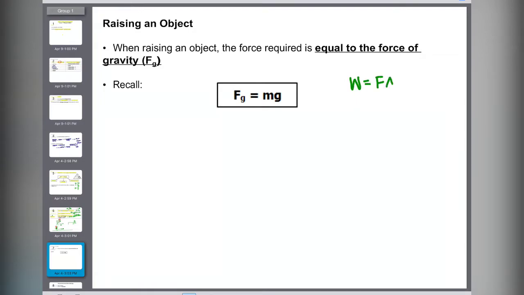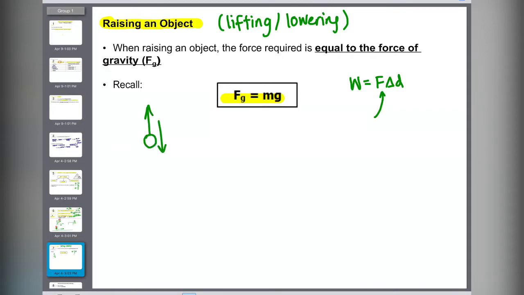You know how we said work is F delta D. But sometimes if I am raising an object, you need to understand that the force is actually the amount of force for you to go against gravity. So if I am lifting, or lowering actually, an object straight up and down, and I want to know the amount of work done if I lift it by 5 meters or something like that, it is M times G. So you can almost group it together.